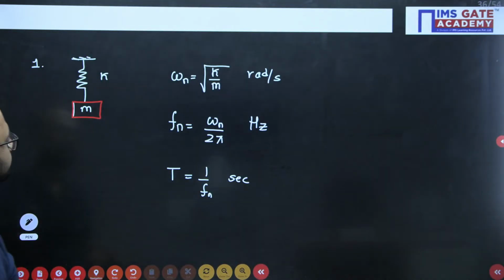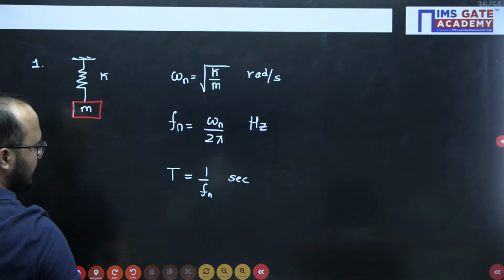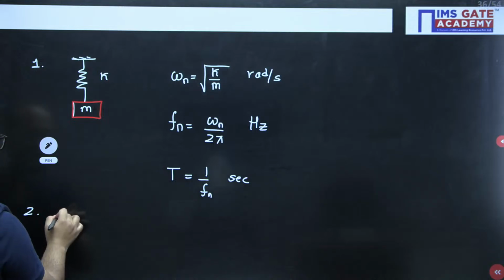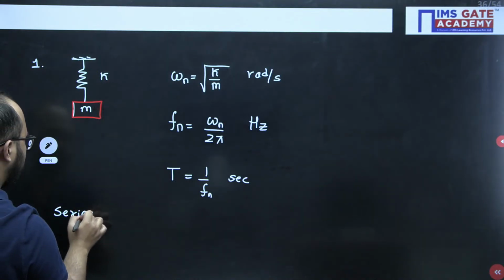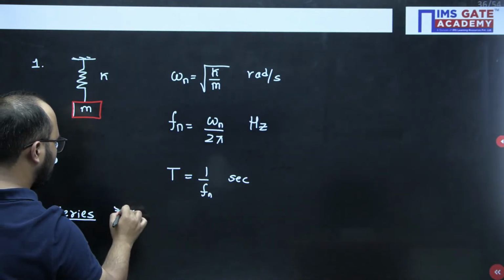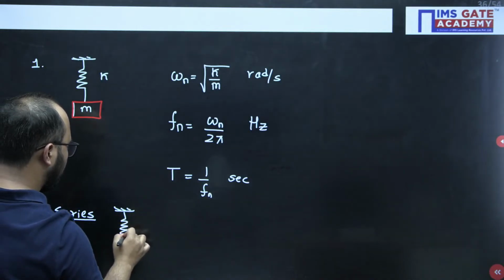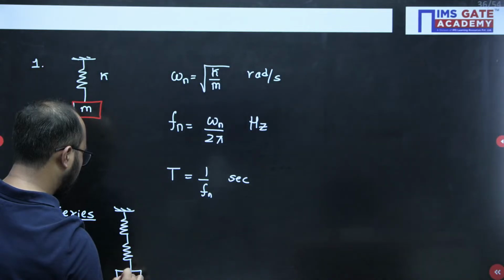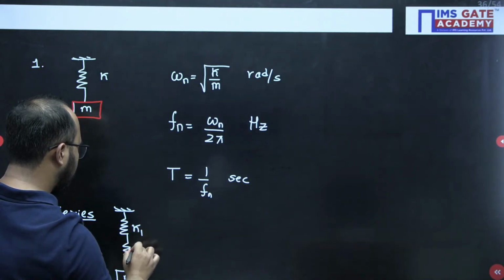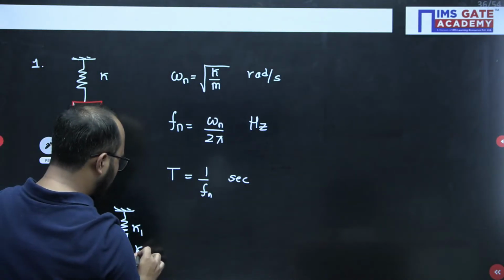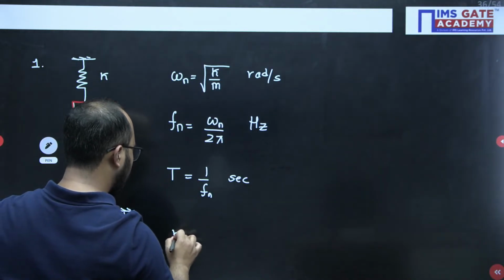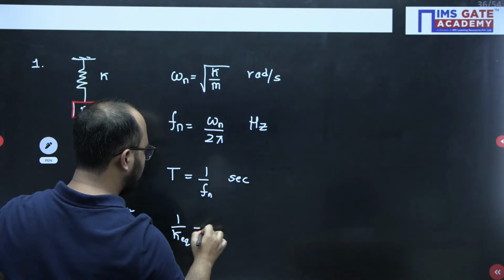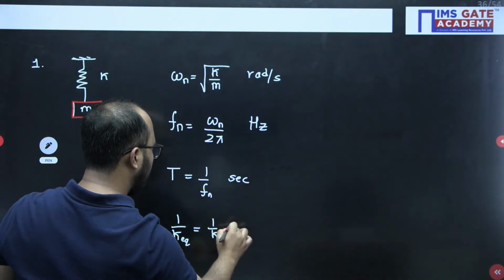Okay, regarding this spring mass case. Apart from that, if I talk about series combination, this is K1, this is K2. So how will you write the equivalent stiffness? Equivalent stiffness will be calculated using the relation 1 by K1 plus 1 by K2.